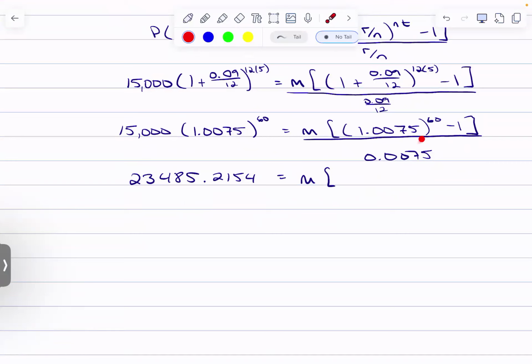Right. Multiplication and division, as long as you've done this subtraction already, you're allowed to divide by 0.0075 to zip it up into one number. And so what this becomes is 75.4241363.